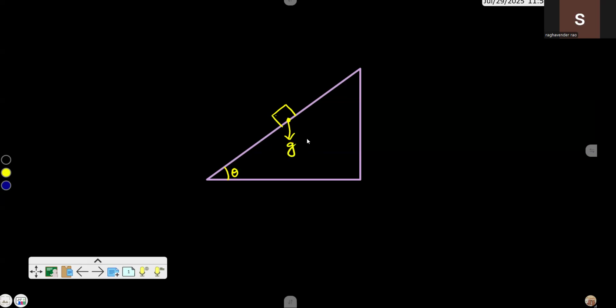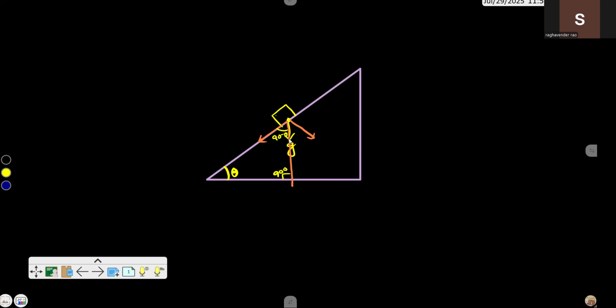And this acceleration can be broken into two components. How can we break it into two components? Let me draw a line like this. This is one component and this is another component. If this angle is theta, then this angle is 90 degrees and this angle would be 90 minus theta.